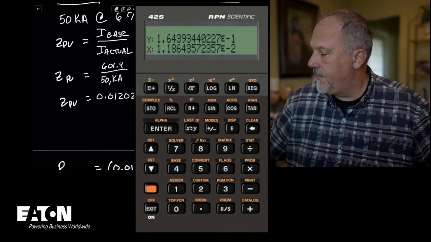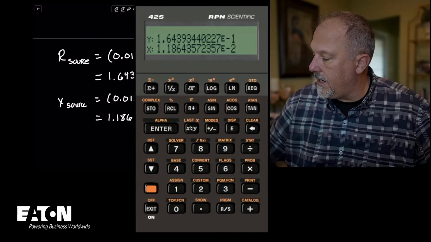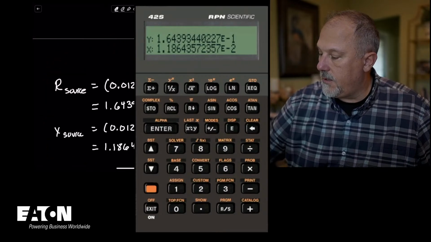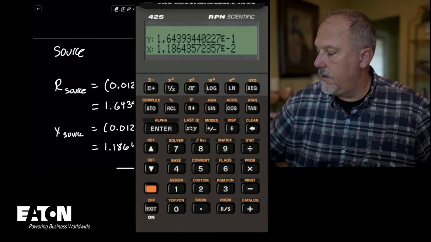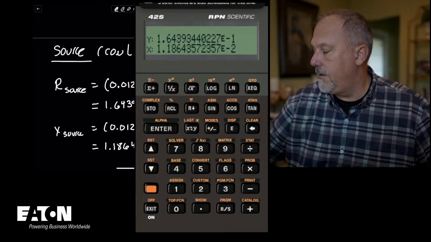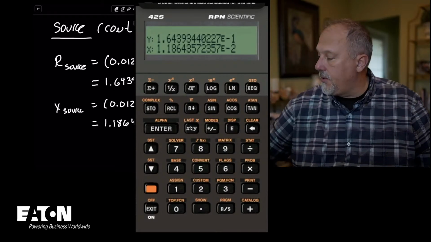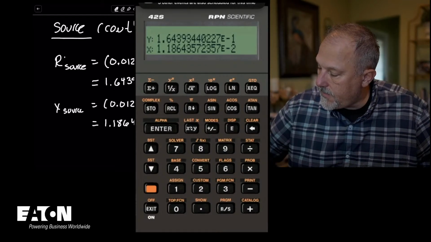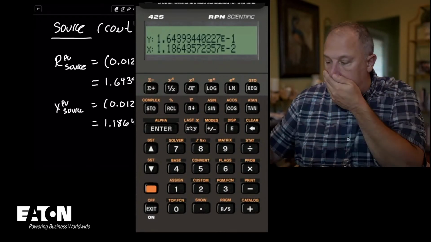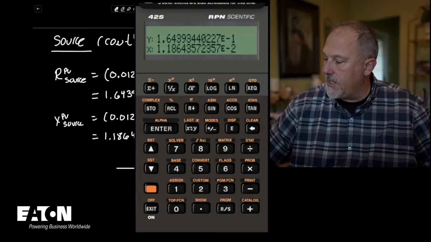I'm writing too big. So this is source. I'm going to move that down. Just call this source. Source, continued. All right, so that is per unit, R PU, X PU. So I've got both of those values. Now what I'm going to end up doing is creating a table. So that is my source.